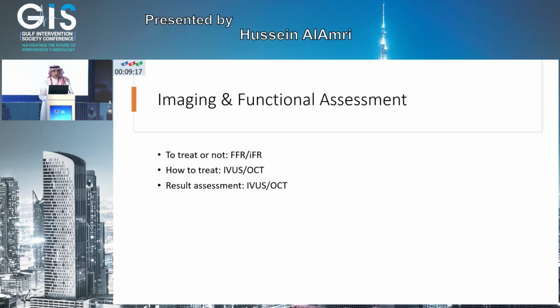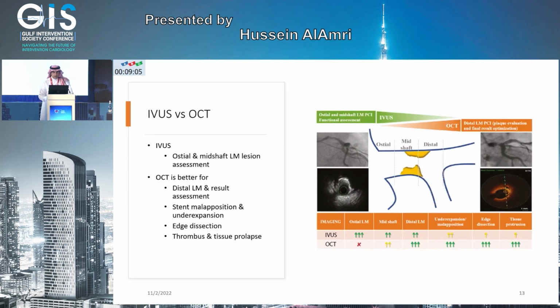So to decide whether ischemia is significant or not, or to treat or not, you depend on FFR and IFR. To decide how to treat and how to optimize, it's IVUS or OCT. And also for the result assessment, it's IVUS or OCT. So which technique to use? If you deal with mid-shaft and ostial left main, then IVUS is better for diagnosis and probably also for assessment.